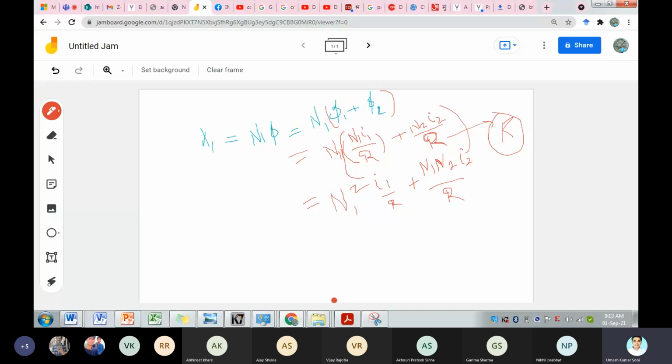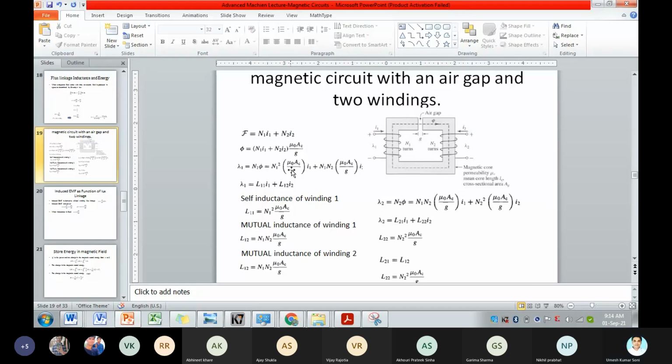So here you can see that the reluctance is the same in both the cases, okay, and only the infinite permeability magnetic material is assumed. If the reluctance of the magnetic material had also been considered, then here you could have seen mu 0 AC upon G, this term, as well as another term which will depend on mu and the total mean length of the core.